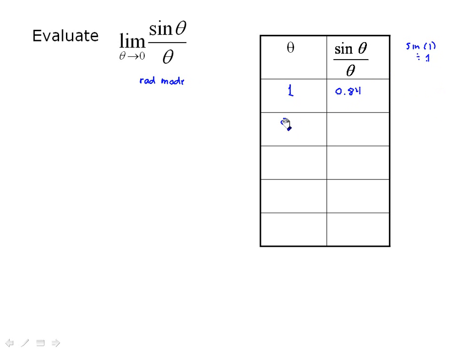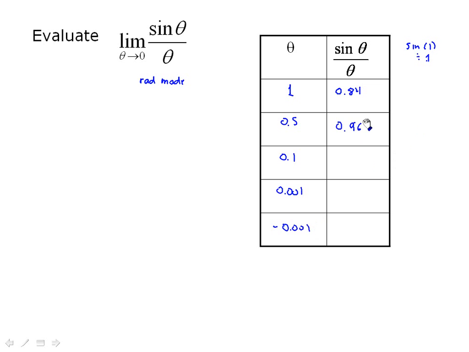And then pick theta is equal to 0.5, 0.1, 0.001. Maybe try negative 0.001 to take it from the other side and see if this sheds any light on the situation. So here I'm getting 0.96.